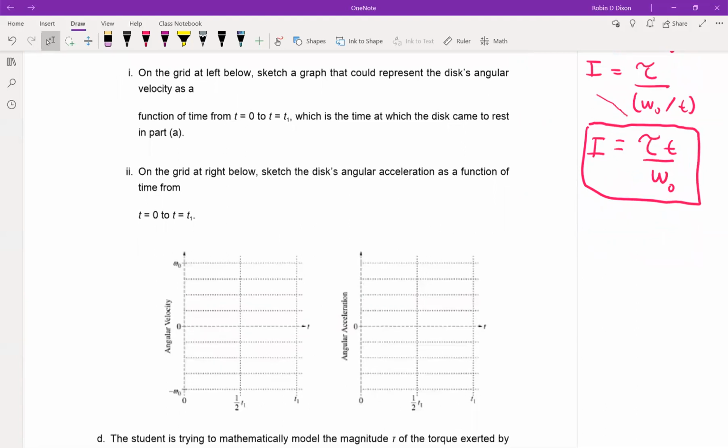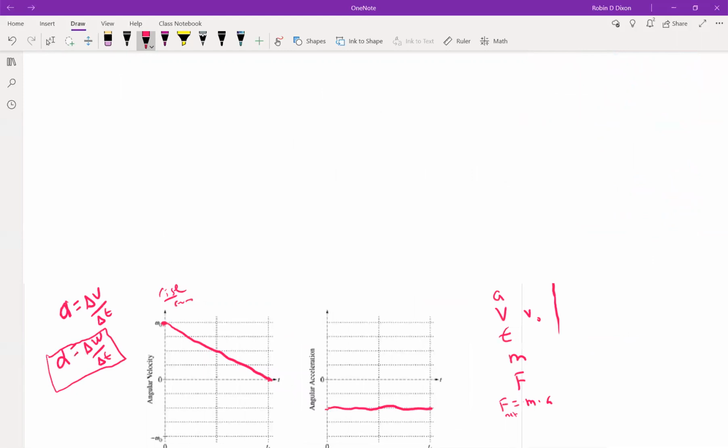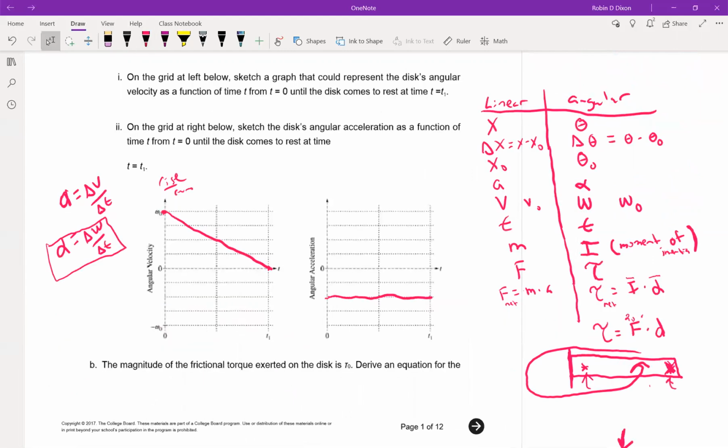So back up, before we had this straight line right here, going down, no problem. The force was constant. In this new experiment, at half the time, we're now going to add some oil.